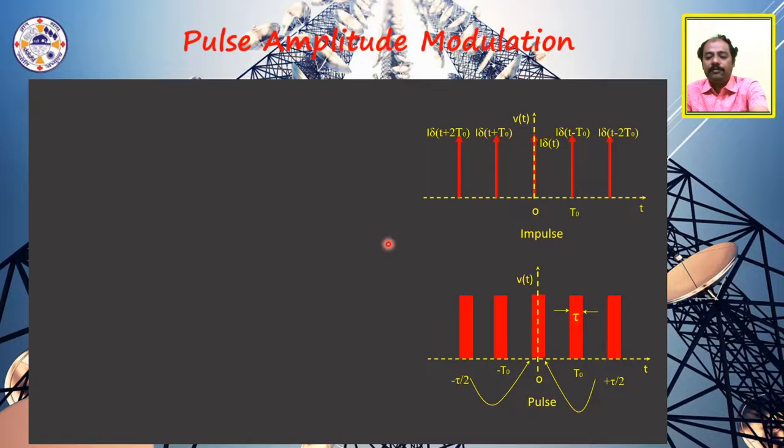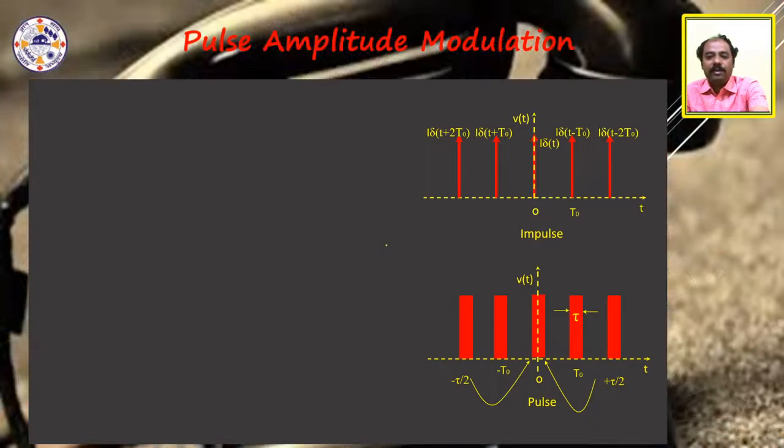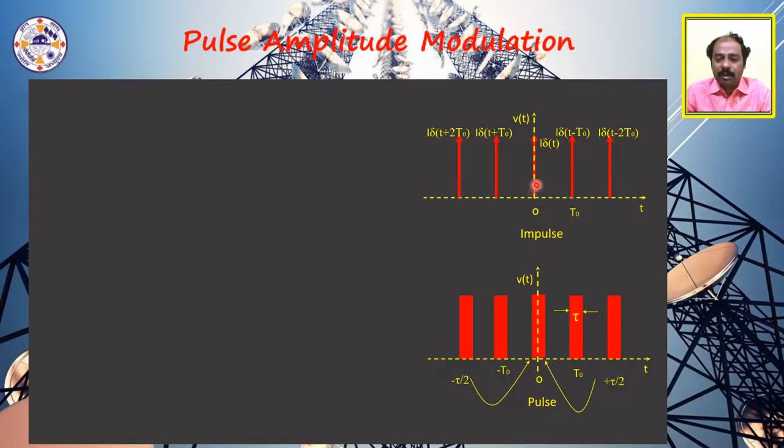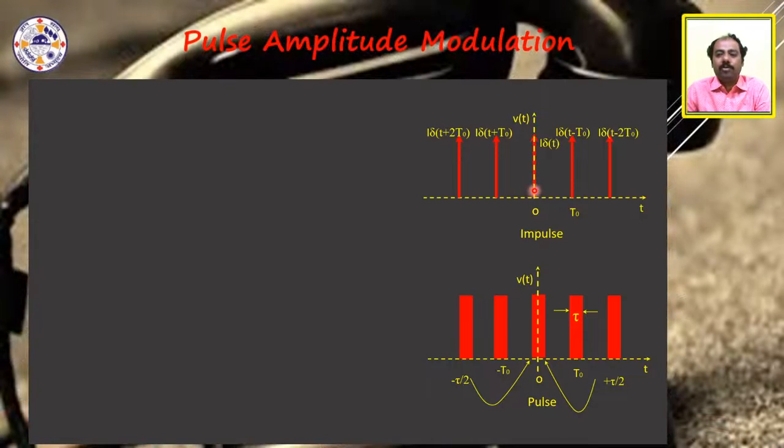Clear? So what is the difference between pulse and impulse? Actually, a pulse has some finite duration. You can see from this figure that the width of this impulse is instantaneous. That is, it has no width, theoretically.